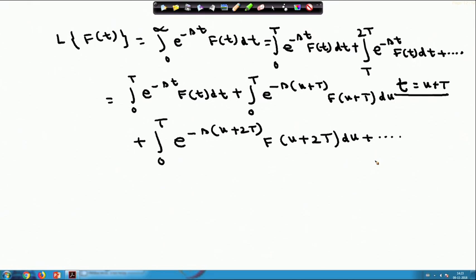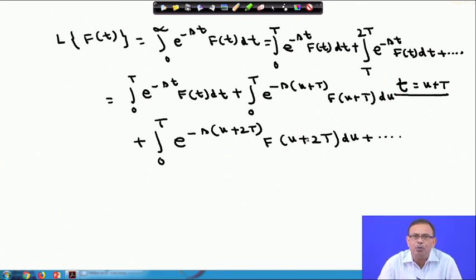So effectively, my integrals were from 0 to T, T to 2T, 2T to 3T, and so on. Each of them, using this substitution, I am converting into the interval of 0 to T.